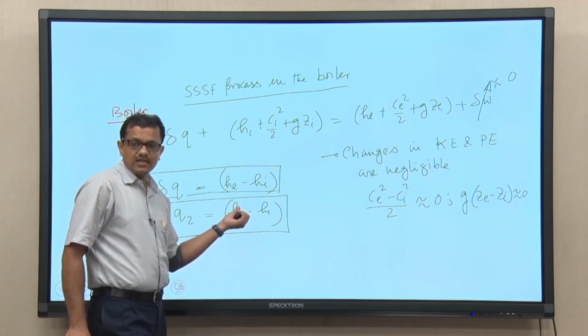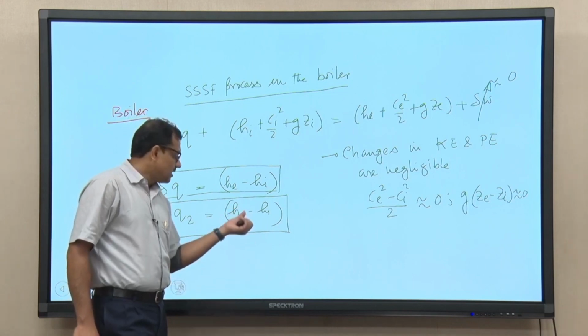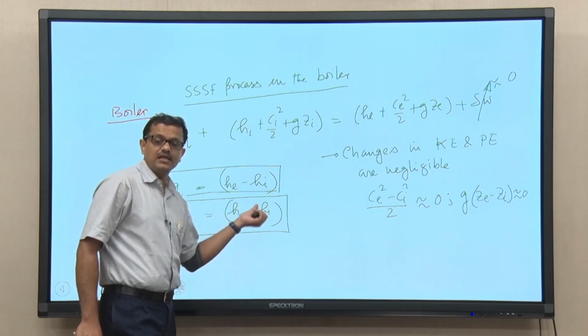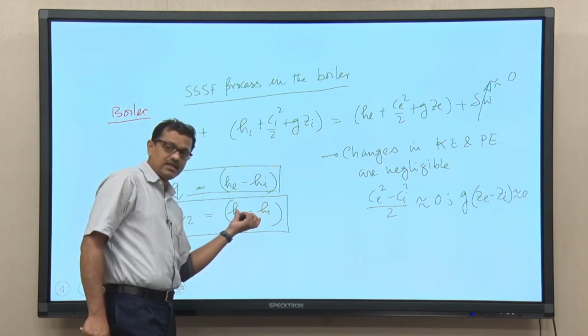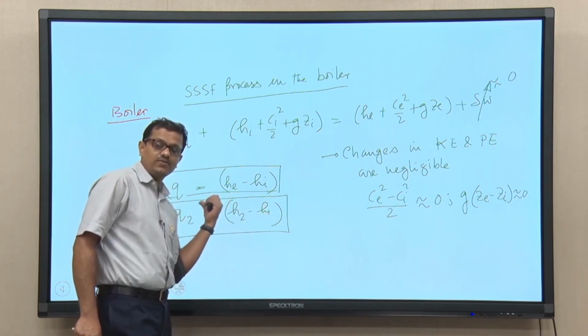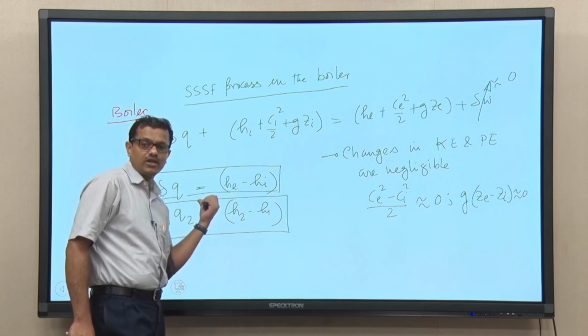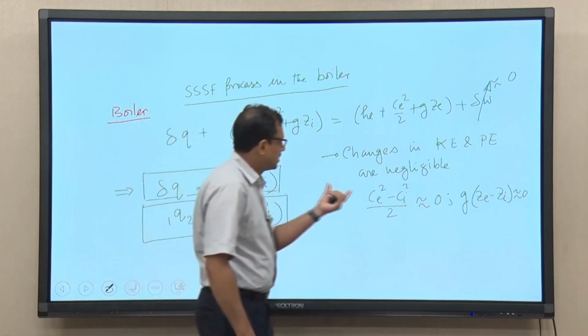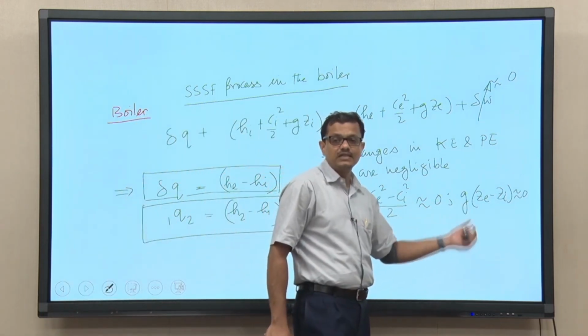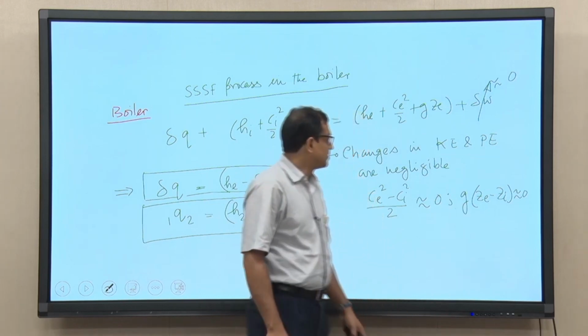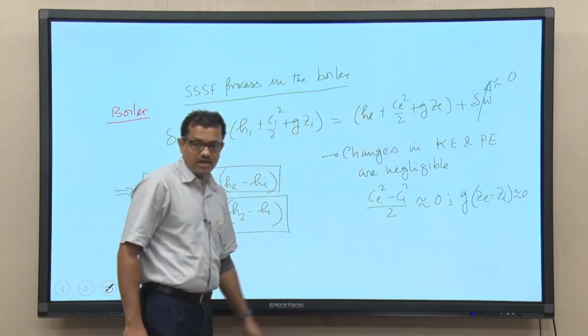If we can calculate the enthalpy of water at the inlet to the boiler and the enthalpy of the working substance at the exit of the boiler, the change in enthalpy is nothing but the amount of heat that must be added to the boiler, provided the changes in kinetic and potential energy are negligible. So, this is what we have for the boiler.